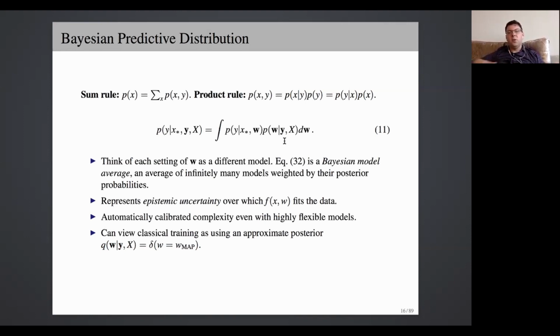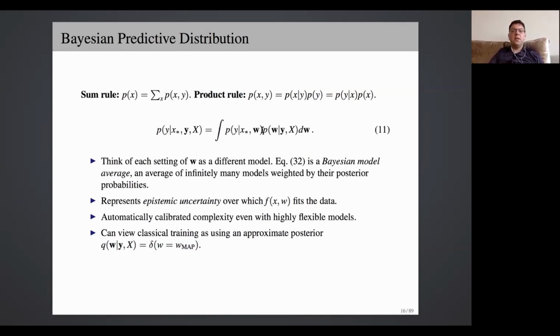But it could still be providing us with a much better approximation to this integral than what we would be getting with just a delta function. And so we don't need to perfectly approximate this integral in order to at least provide great improvements over what everyone else is already doing when they're doing regularized classical training.